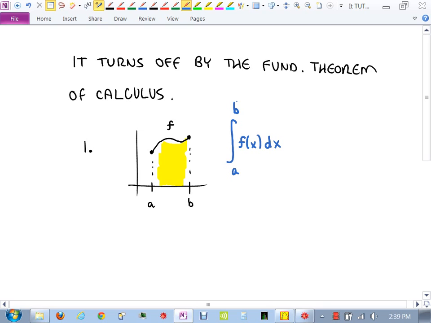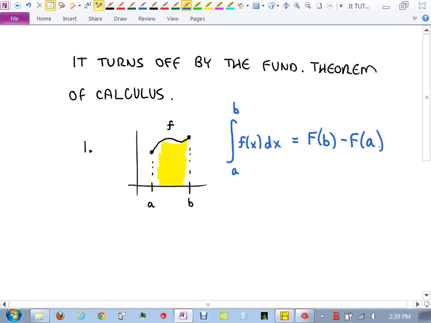If you want to figure out and calculate that area exactly, it's equal to capital F of B minus capital F of A. What's capital F? An antiderivative. This is a huge theorem. Like I said, I'm not going to prove it. We're just going to use it.